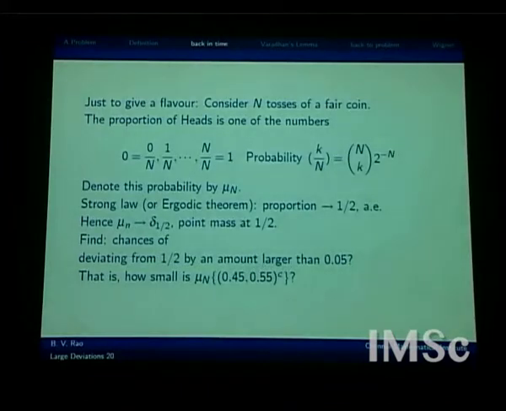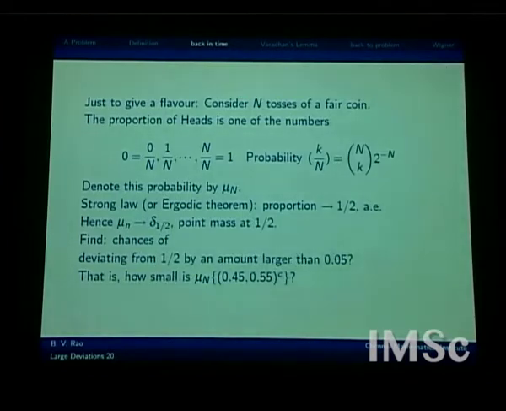Okay. So, suppose you toss a fair coin, there are 2 to the power n outcomes, right. Each toss can be heads or tails, probability half and half. So, each of the 2 to the power n outcomes is equally likely. Now, look at the proportion of heads. It could be 0 by n or 1 by n, etc., n by n, but of course, these are not equally likely. The chance that the proportion of heads is k by n is given by n choose k times 2 to the minus n, as there are n choose k outcomes out of the 2 to the n outcomes with k heads.